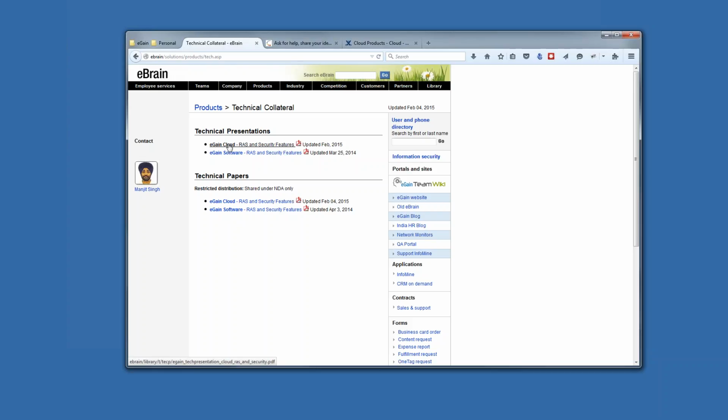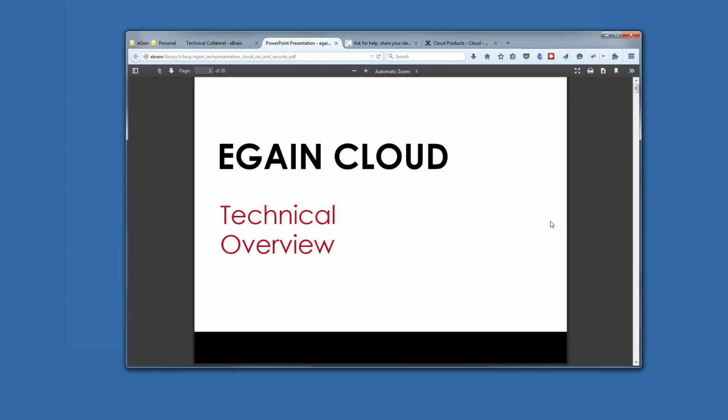This is the document that we should be sending to all our new cloud prospects, because it answers probably 80% of the cloud security questions we get, and some of the technical questions on our cloud architecture. This is really the first document that should be sent to a customer. So we'll open this up and spin through it very quickly.